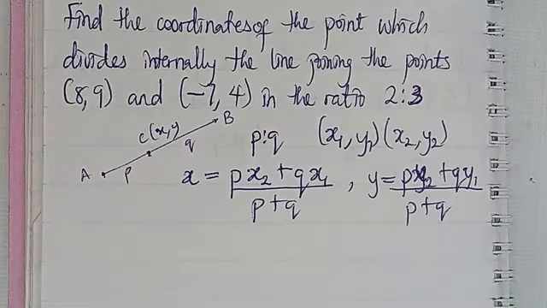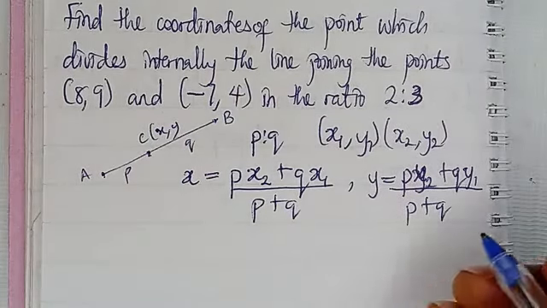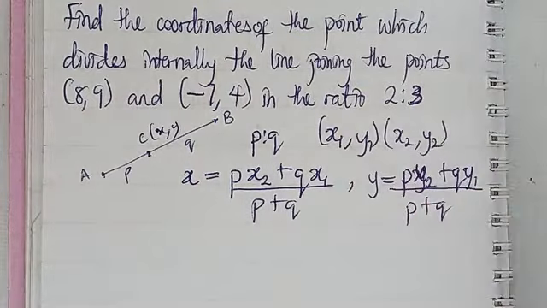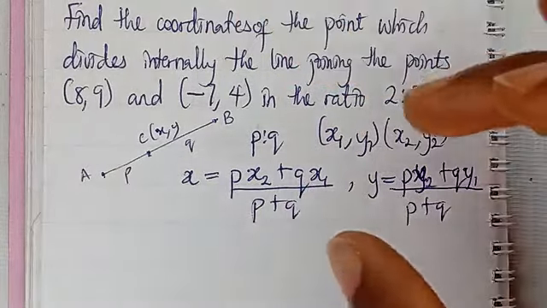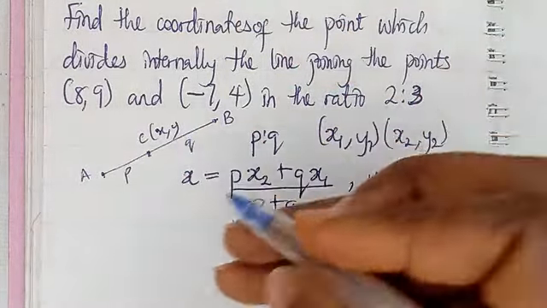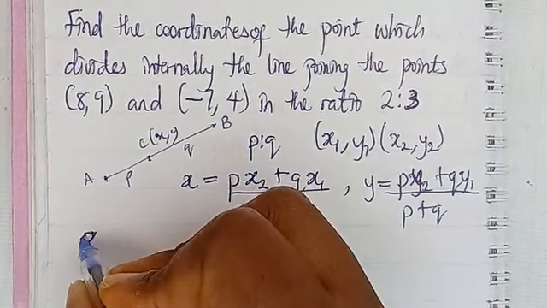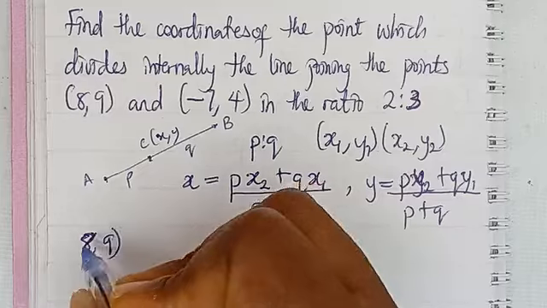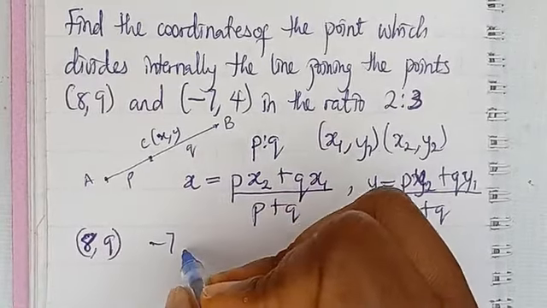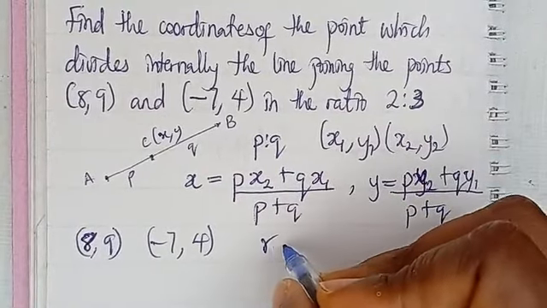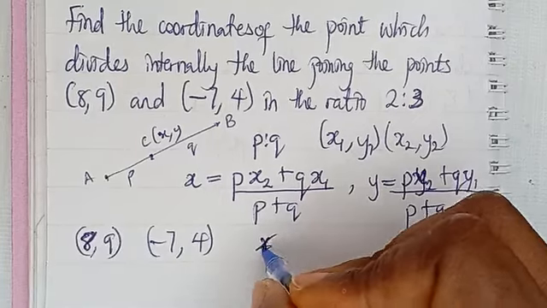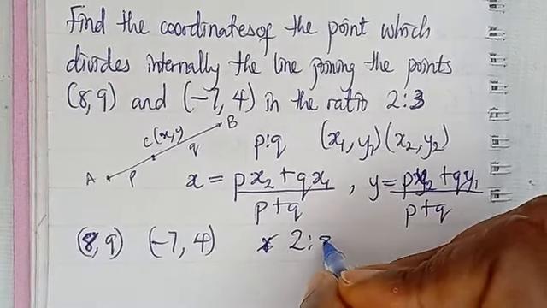Now we are going to get into this example already. The first thing we do is write out the coordinates. We have (8, 9) and (-7, 4), and then of course the ratio, which is 2:3.